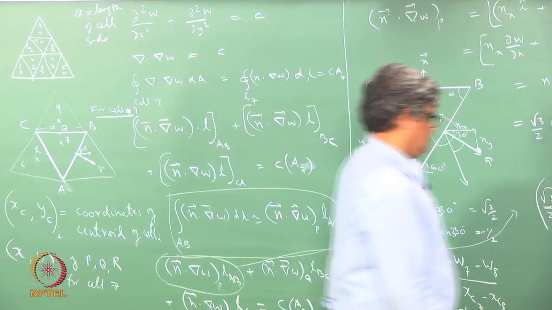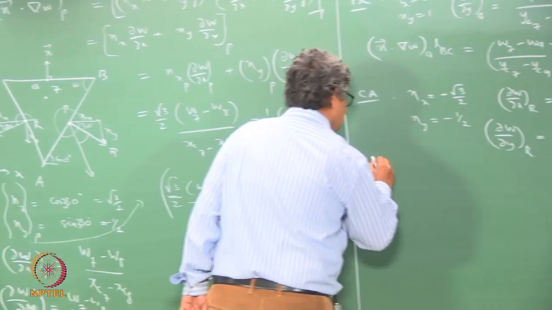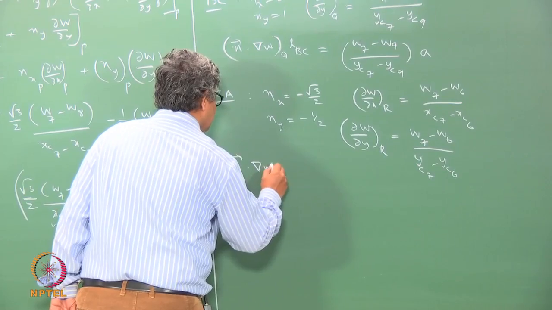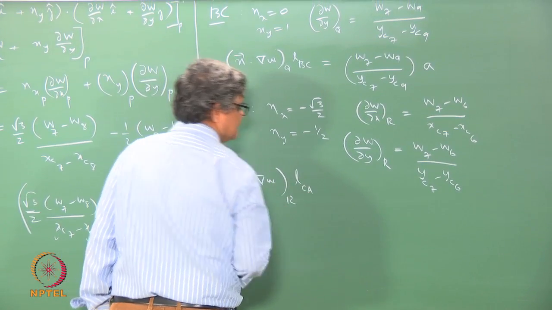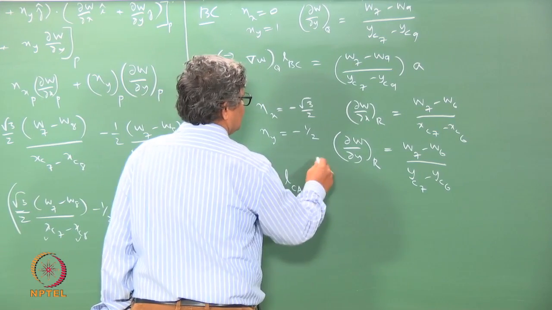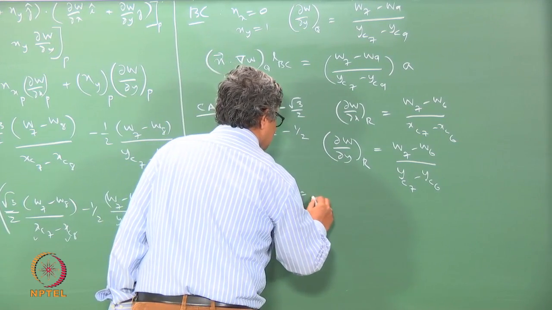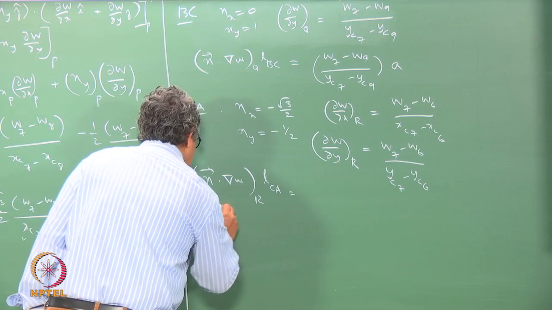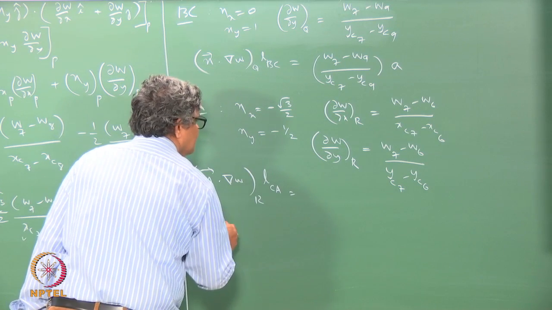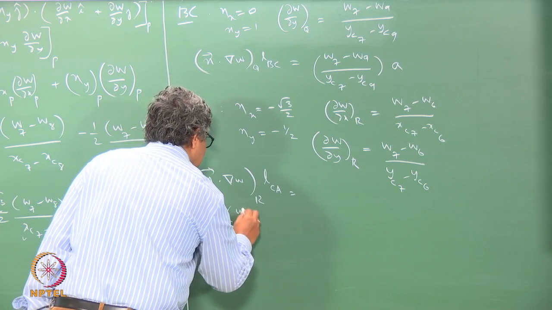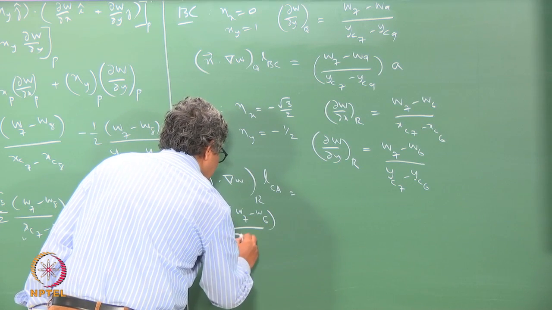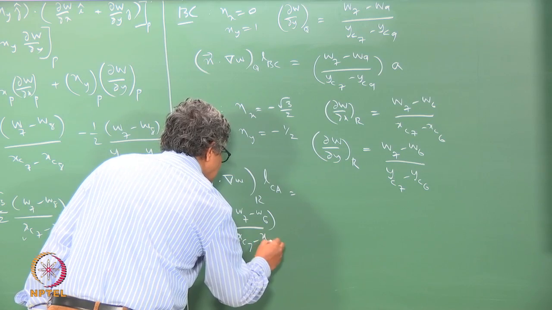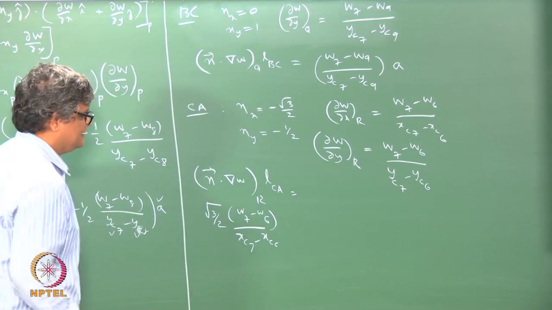So n dot gradient of W for R times LCA can be written as square root of 3 by 2 times W7 minus W6 divided by XC7 minus XC6.